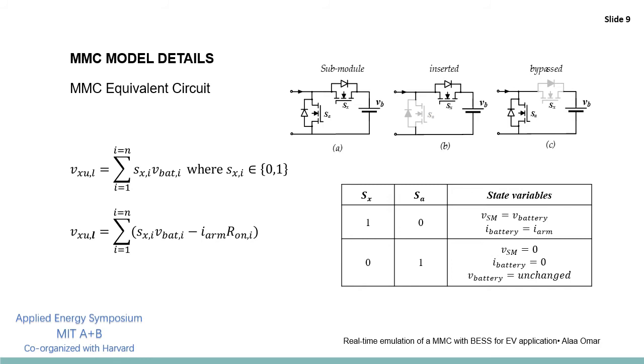And the battery current will be 0 because no current is consumed from the battery. The arm voltage can be expressed using the first equation here, to include the conduction resistance. Another term utilizing R1, which is the conduction resistance of the switch, can be added to represent the switch voltage drop when conducting, in the second equation.